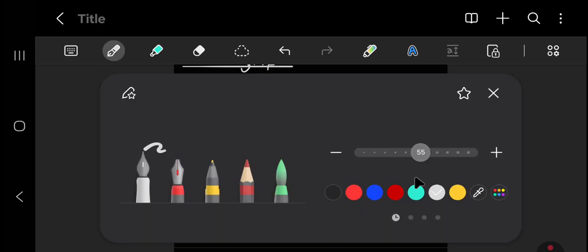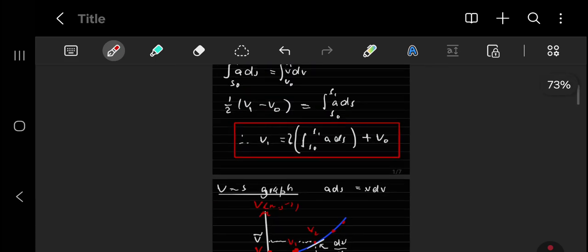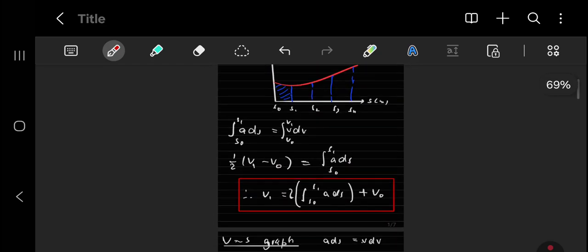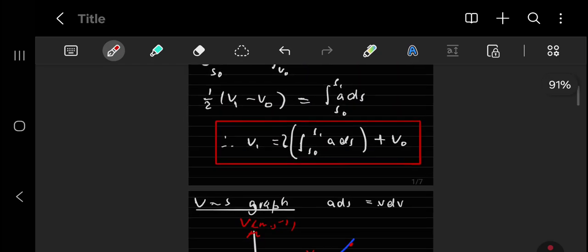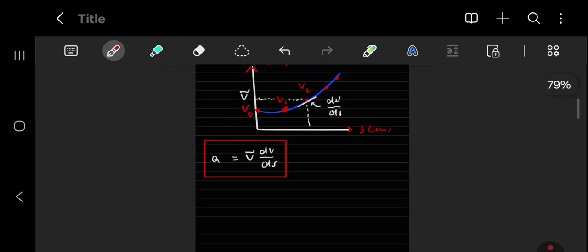This is how you can do it, as long as you know the velocity-position graph and also the acceleration-position graph. You can use these equations to go to your velocity and that equation to go to your acceleration.